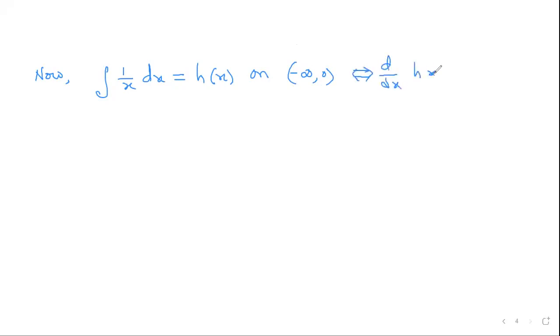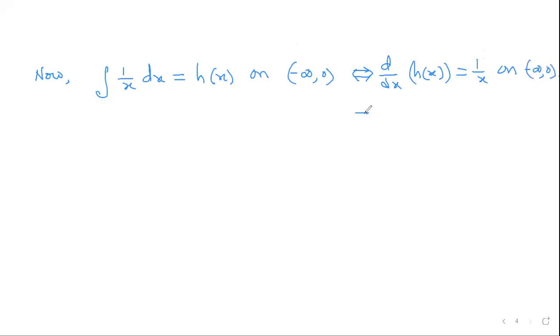Now suppose we are considering the left hand side, so negative numbers. Now for the integral of 1 over x dx, let's say h(x) on negative infinity up to 0, so x is now a negative number. This is equivalent to saying find h whose derivative is the function 1 over x on negative infinity up to 0.